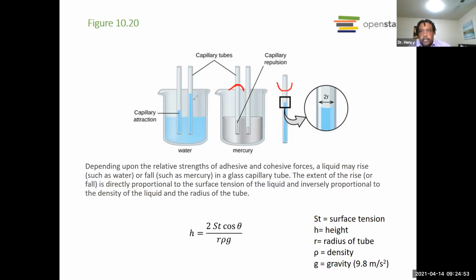That tells us the height that it goes up. And ST represents the surface tension. In your book, they use T, but I didn't want to use T because I always associate T with temperature. I didn't want you guys to make that mistake. So this is the equation here.